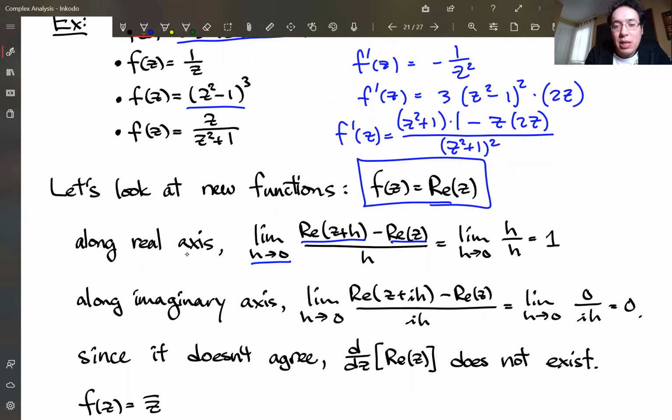The real part of z plus h is the same thing as real part of z plus real part of h, but real part of h is just h because I'm taking this real limit. H is a real number, and the real part of z kind of cancels out, right? So all we have is h divided by h, which is equal to 1.